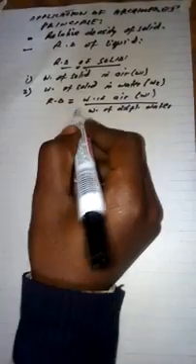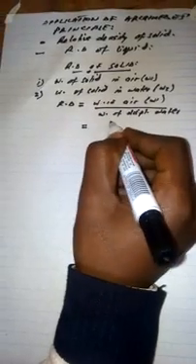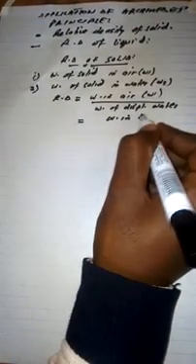Remember, in this case, the weight of displaced water is equal to the up thrust as far as Archimedes principle is concerned. So relative density is equal to weight in air, which is weight 1, divided by the weight of the displaced water.